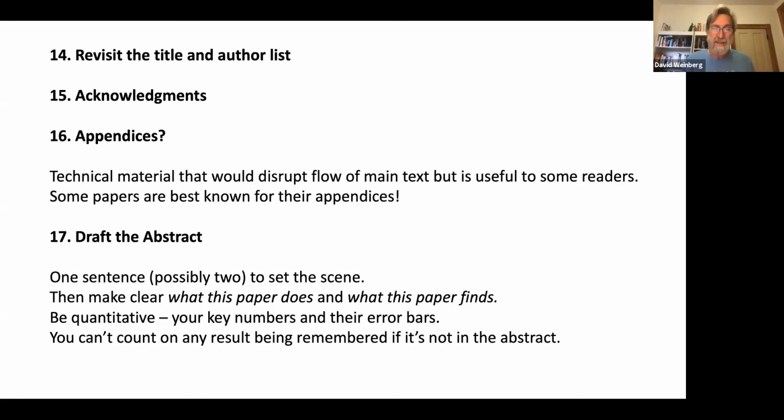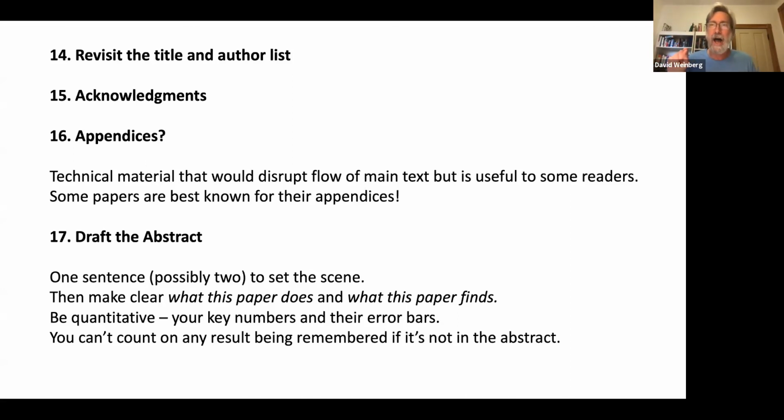Then after that, you have a sentence that makes clear what this paper does and what this paper finds. There should be a real, detectable transition from the sentences giving the background to the sentences saying what this paper is about.